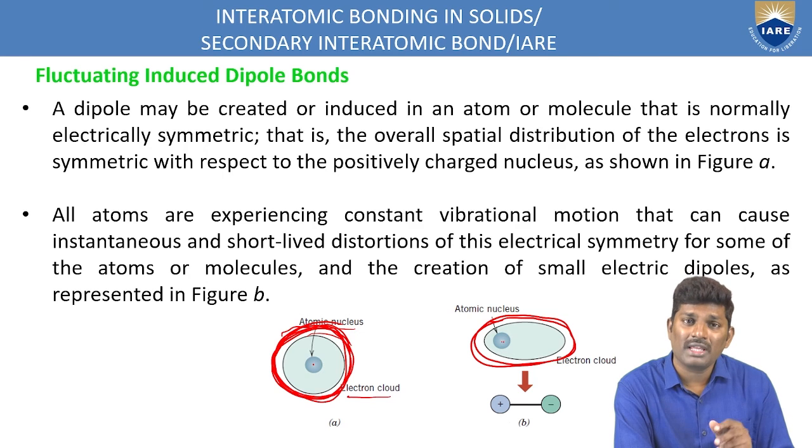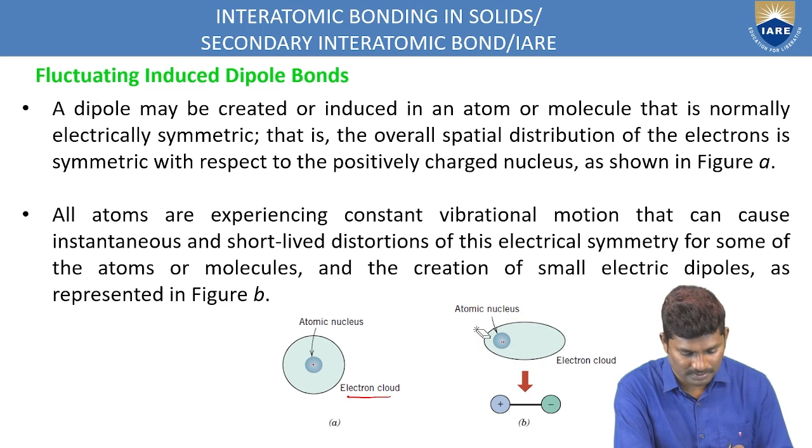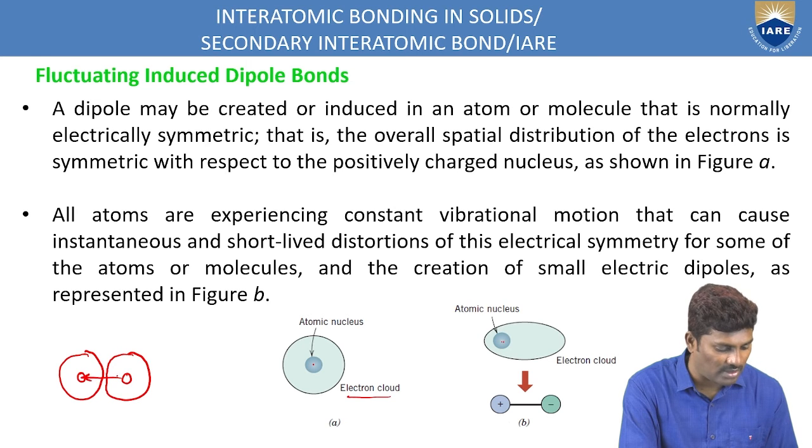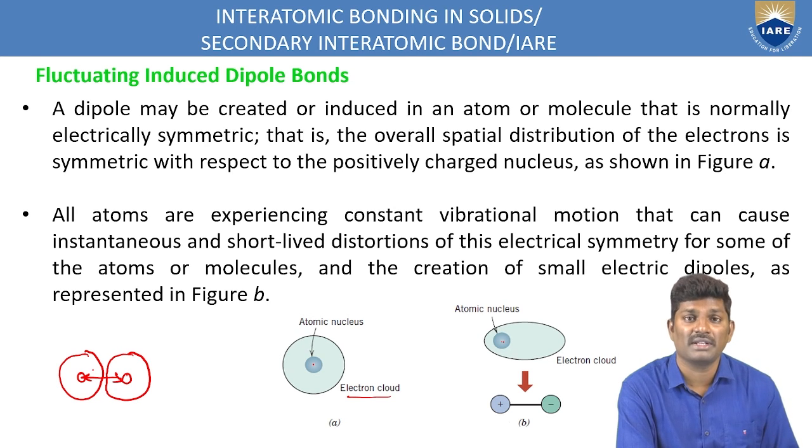So now, how will there be good bonding? Now I'll show in the figure. Here you have it exactly at the center, and if the other atom is also like this, there is strong bonding, if it is symmetric in nature. But now in this example, what is happening?